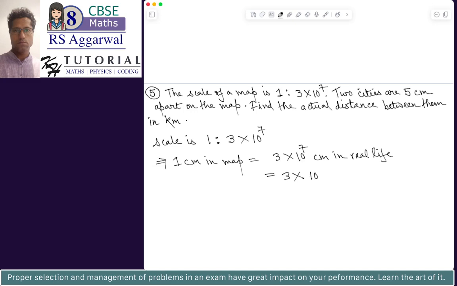So let's convert 3 multiplied by 10 to the power 7 centimeter into kilometers. We divide by 100, so that becomes meter, and then we divide again by 1000, so this is kilometer, which is equal to, in the denominator we have 10 to the power 5, so 3 into 10 squared kilometer in real life.